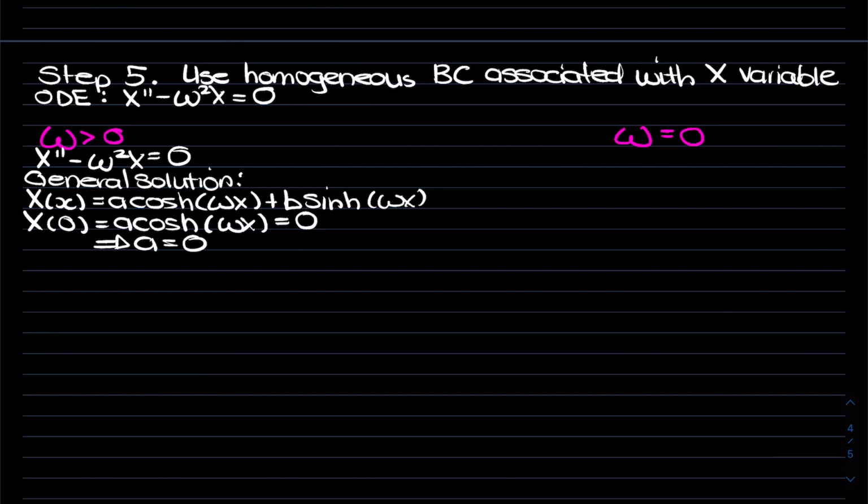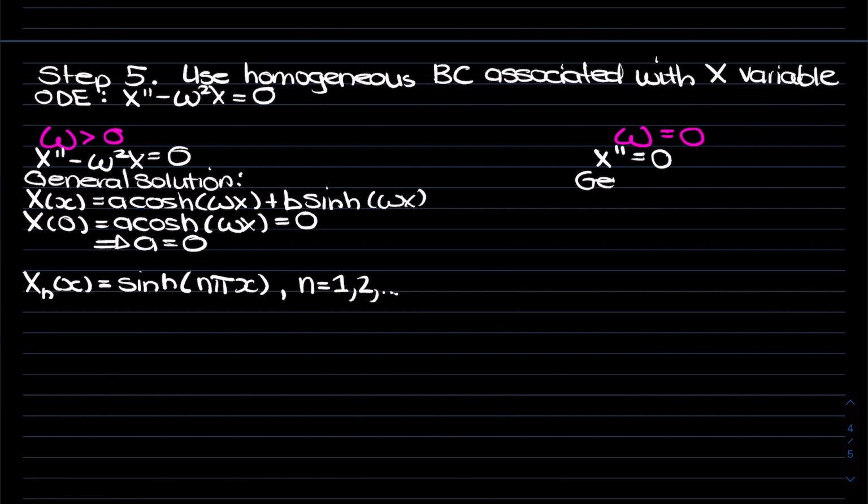So what we can do is write our X of n of x equals the hyperbolic sine, and lambda was n pi, so we'll write n pi x, and this was the case for n equals 1, 2, and so on. Now on the right hand side we get the ODE X double prime equals 0.